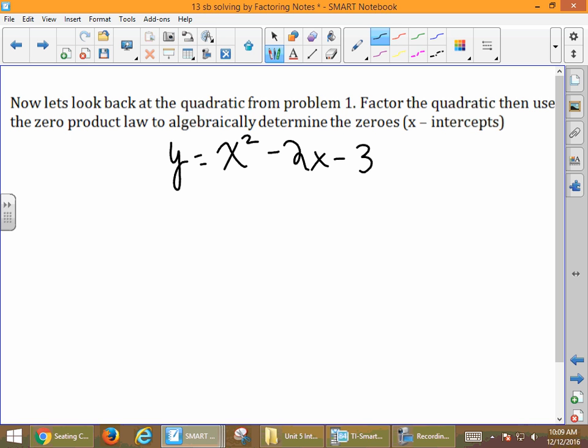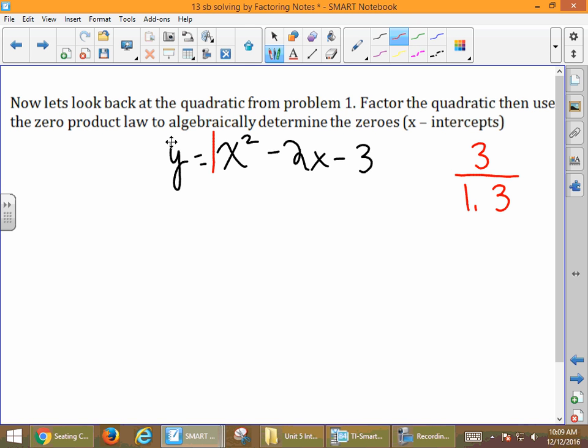So we're going to factor it. And when we factor, remember that the number in front of the x squared is a 1. We're going to multiply a times c. 1 times 3 is 3. And the good news is that the only factors of 3 are 1 and 3.